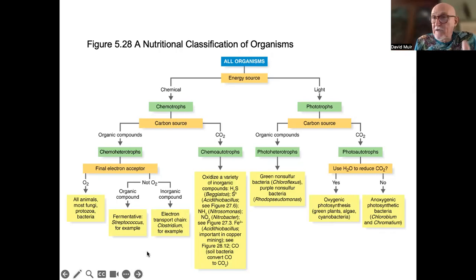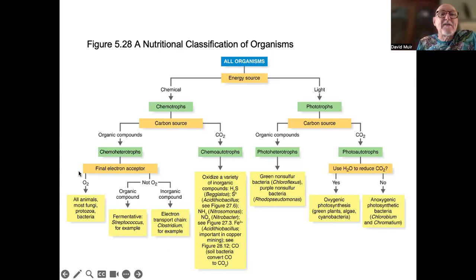However, that's relatively easy to understand, but there are some which are going to reduce an inorganic compound such as sulfur as the terminal electron acceptor. And that's this group here. They utilize an inorganic compound.